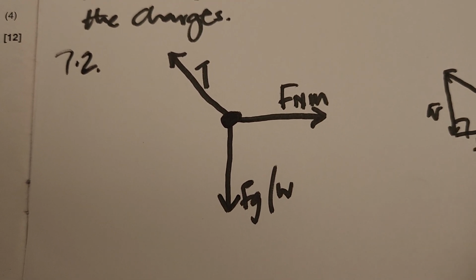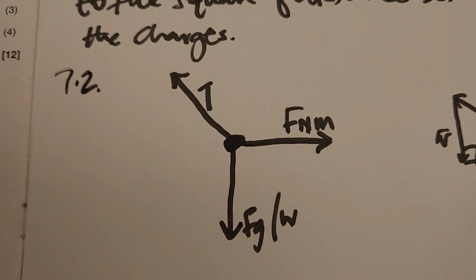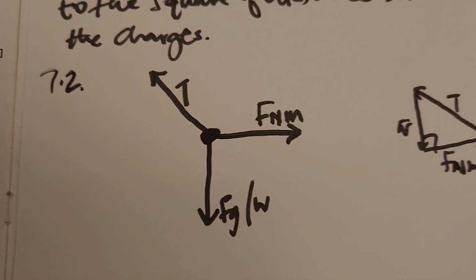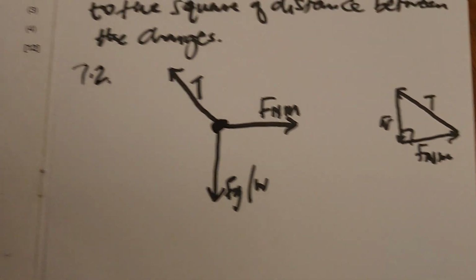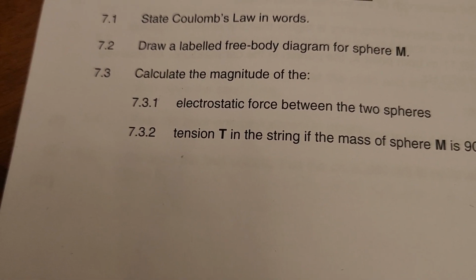Once we can find two forces here, of which we can, the weight, we need to be given the mass. This we can use with Coulomb's law between the two charges. So let's go to 7.3 and see. 7.3, of course, has two sub-questions.